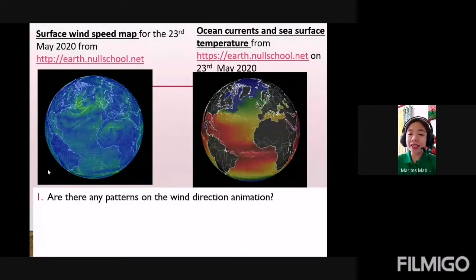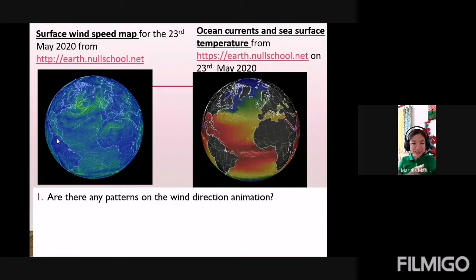Counterclockwise. Tingnan natin. Sa taas ba o sa baba ang movement niya? Tingnan natin, dun sa taas. Okay, so tataas. Ano yung direction ng wind natin? Ayan, ganun siya, right?